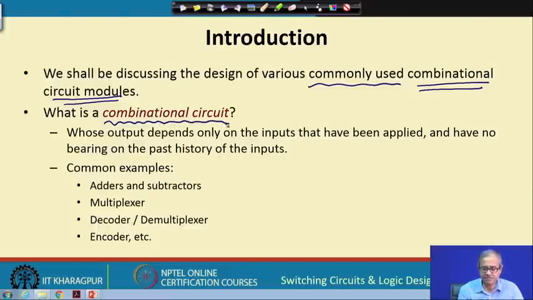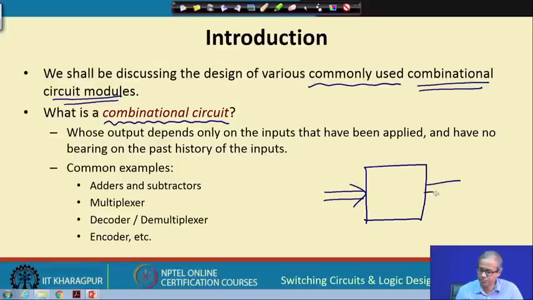The definition of a combinational circuit is like this. Suppose I have a circuit where there are some inputs, there are some outputs. Now, if the circuit is such that the outputs will depend only on the inputs that I have applied at that point in time, and they have no bearing on the past history of the inputs.